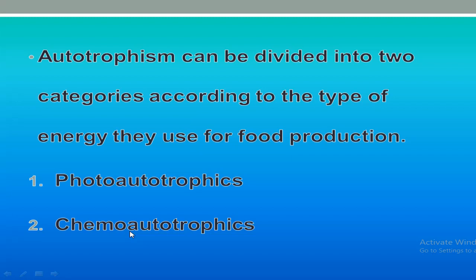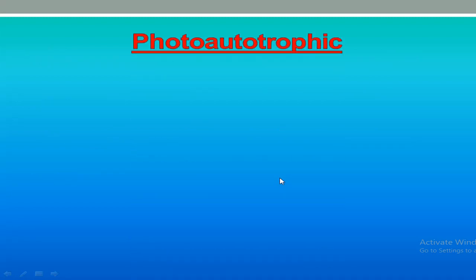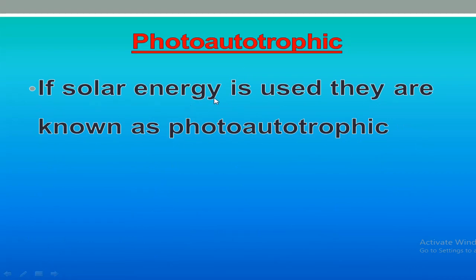According to the energy sources used to produce their own food, autotrophic organisms are divided into two groups. One of them is photoautotrophic organisms, and the other is chemoautotrophic organisms. Let's learn about photoautotrophic organisms first.